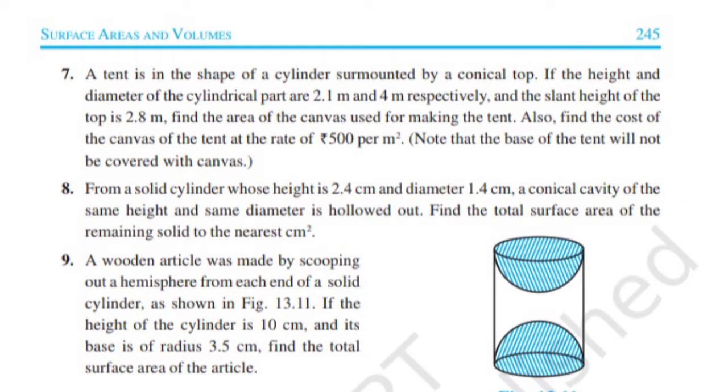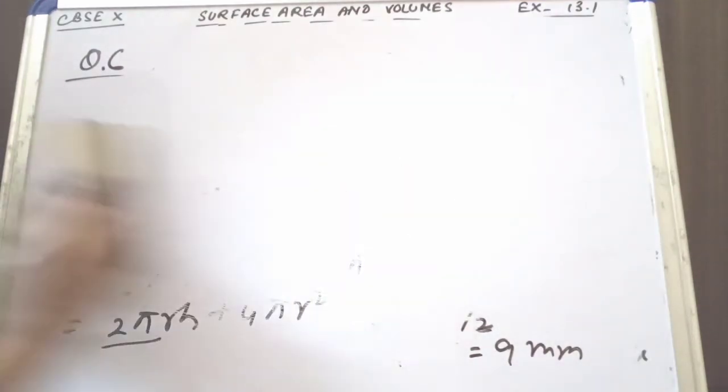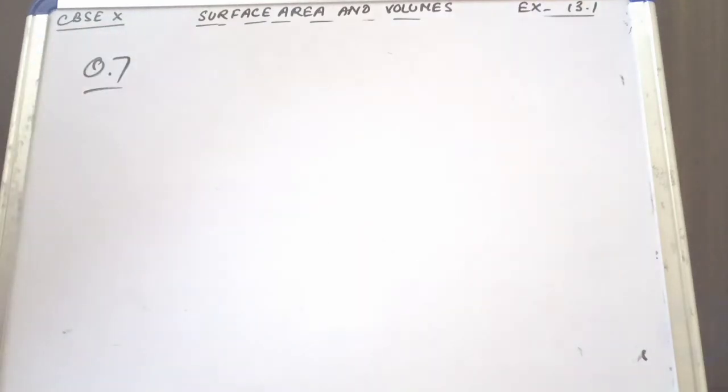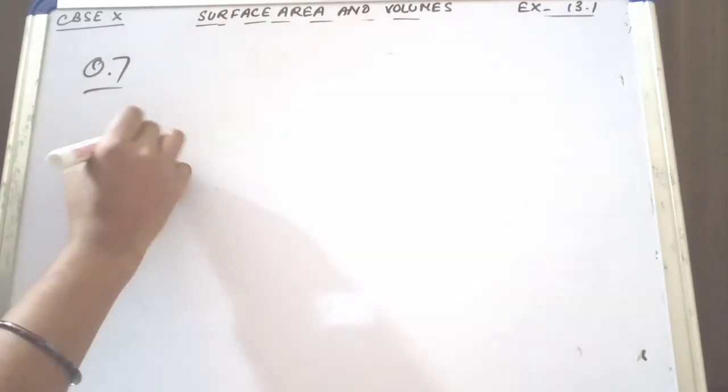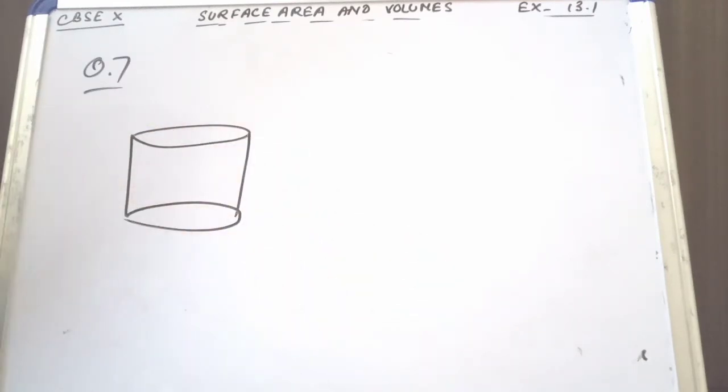So here the given condition, question number 7, is a tent of the shape of a cylinder surmounted by a conical top.